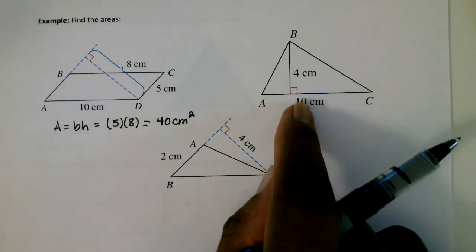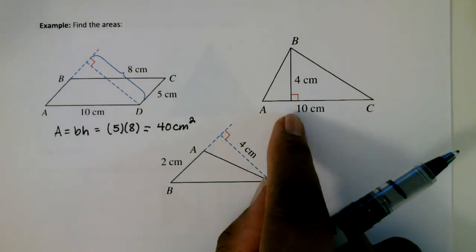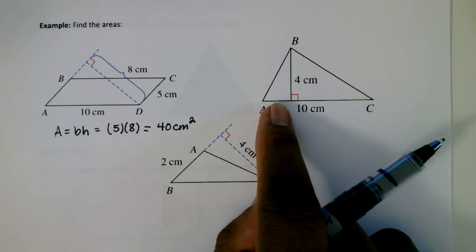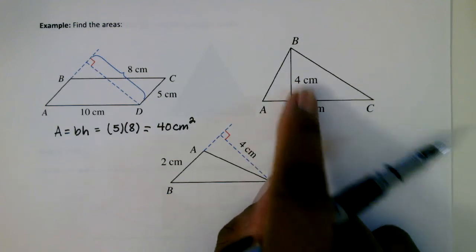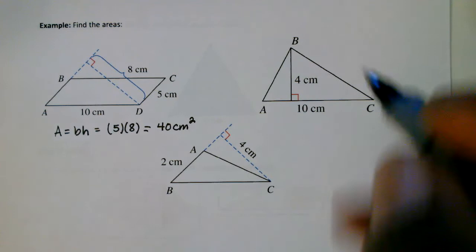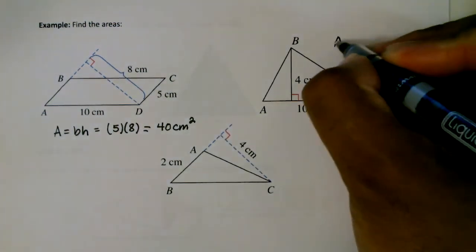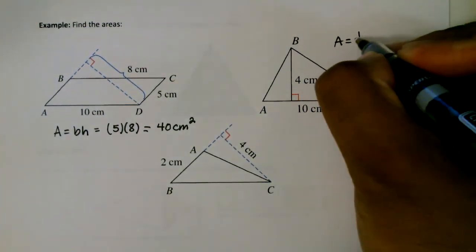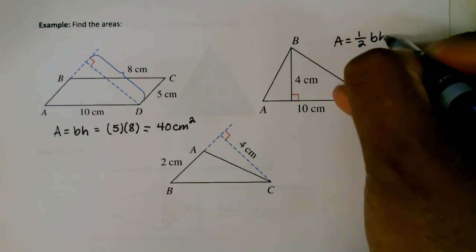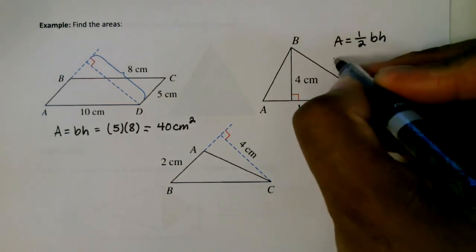And now let's look at this one right here, where the base is 10. This is a triangle. The base is 10 and the height is 4. So here we have to use the formula for the area of a triangle. A is equal to 1/2 the base times the height.